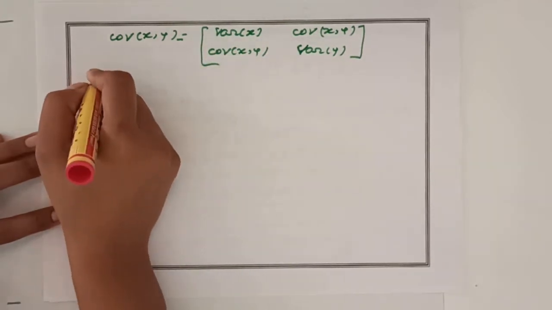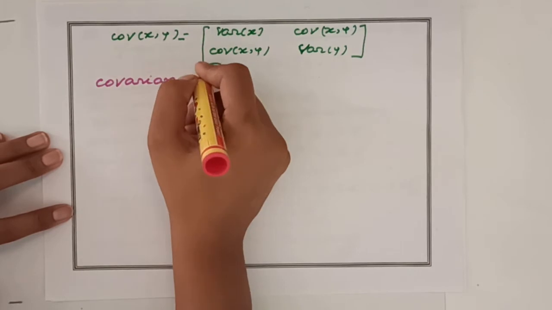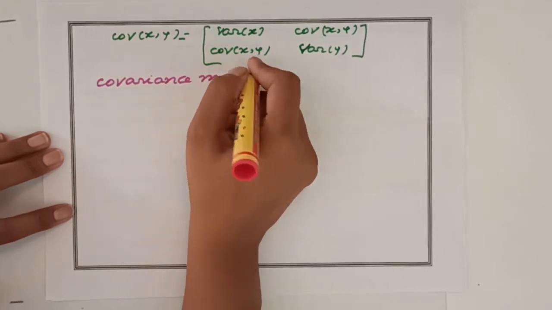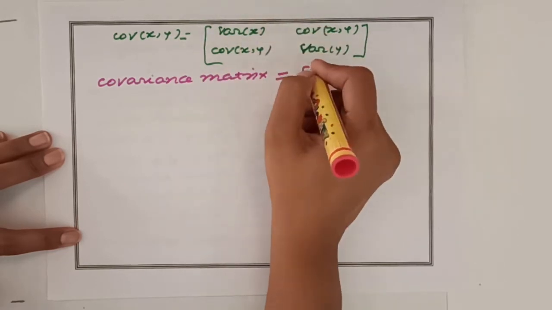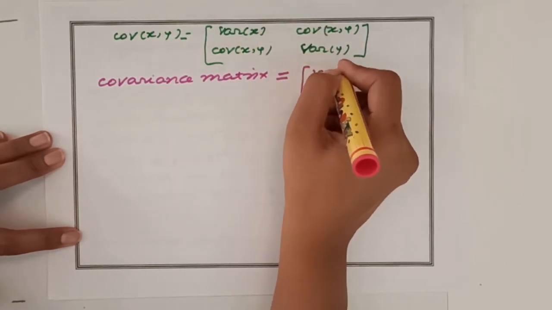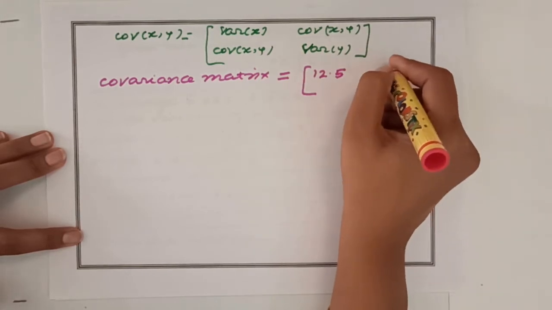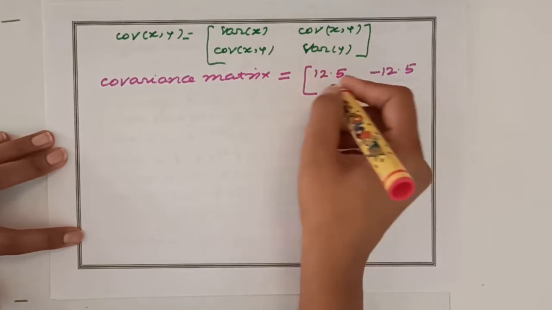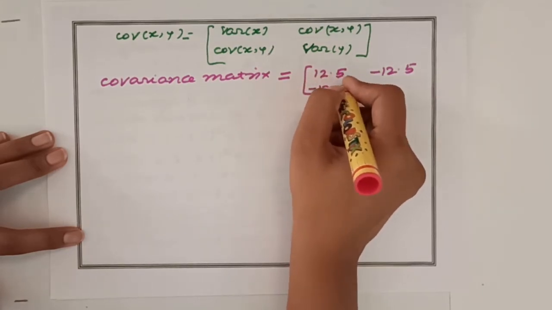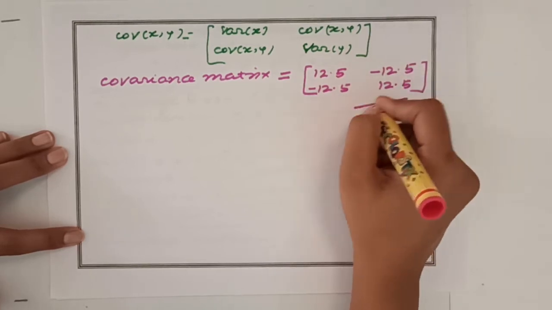So by substituting, you are getting covariance matrix is equal to variance of x is 12.5, covariance of x comma y minus 12.5, covariance of x comma y minus 12.5, and this is 12.5.